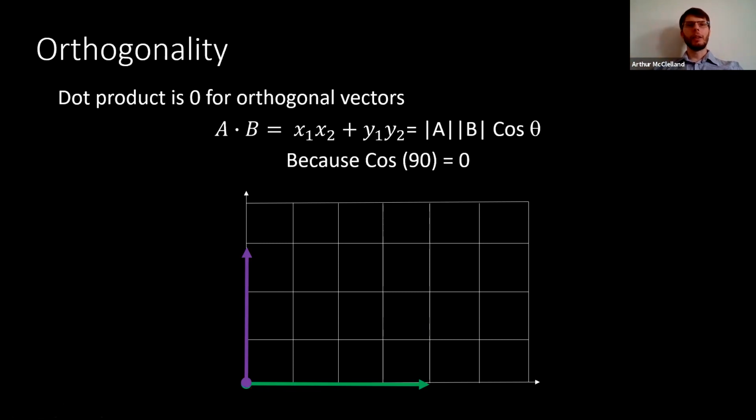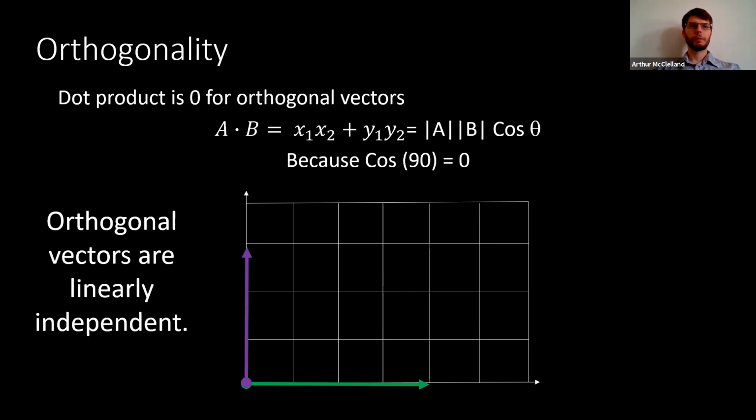So that's why doing this formula of the dot product and checking if it's 0 is a really powerful tool for checking for orthogonality. So orthogonal vectors are linearly independent, and making sure vectors are linearly independent ends up being important in quantum mechanics.